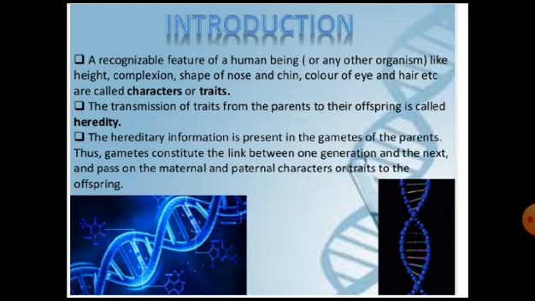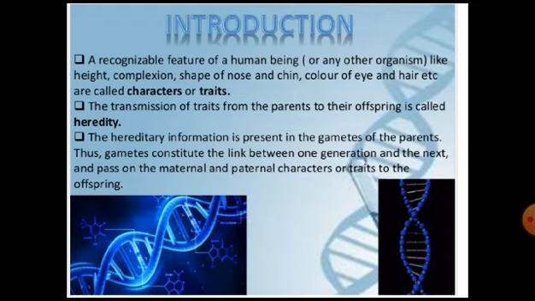The information which determines these traits or characters is present in the gametes of the parents, that is the male gamete and the female gamete, or we can say the sperm cells and the egg cells.